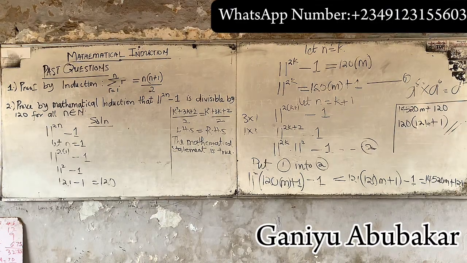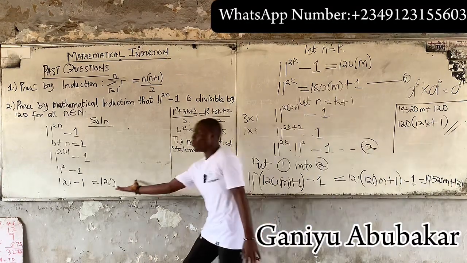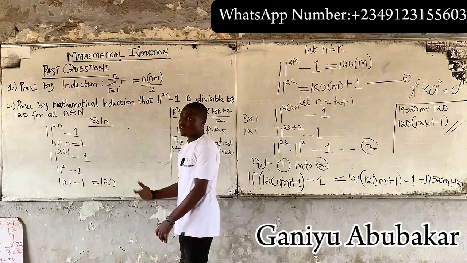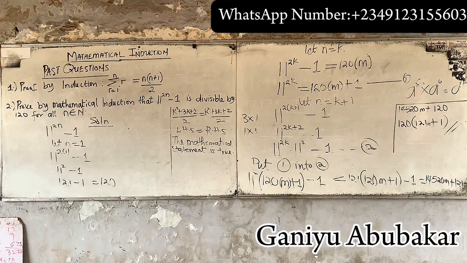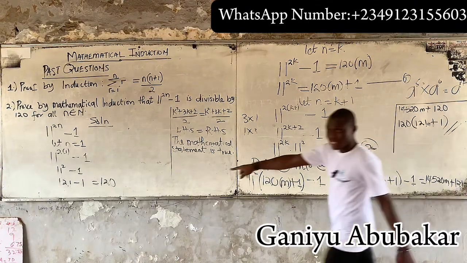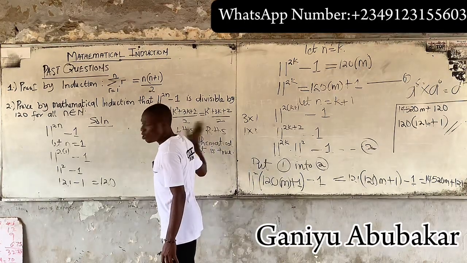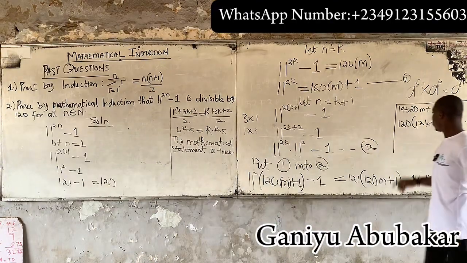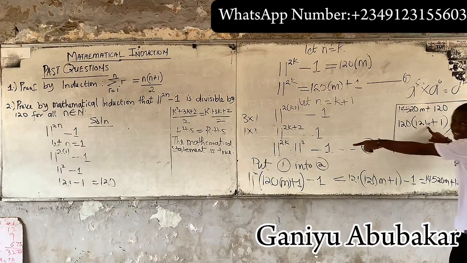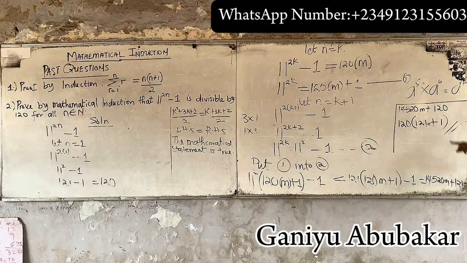If you observe very well, it is 120. That's my m. Perhaps I've not gotten my 120 here already from here. So if I put m as 120 here, I will have this answer back. Now I got my 120 here already. I don't even have to stress myself. My answer here is already 120. If I put m as 120 here from that place, I'll still have this here. 120 times this one, leave all this. So this is how it works, please.